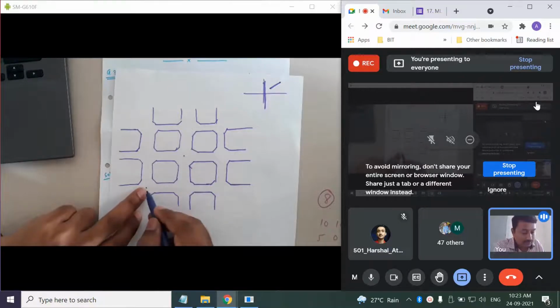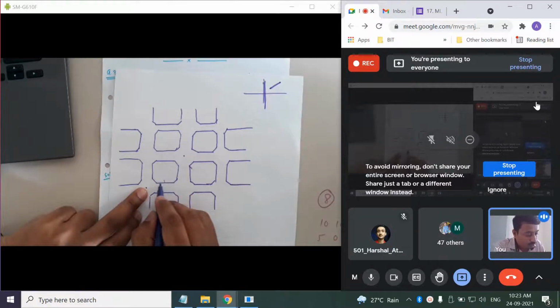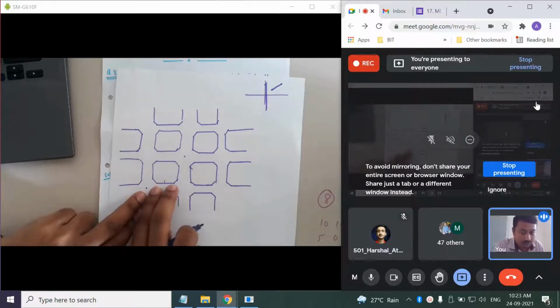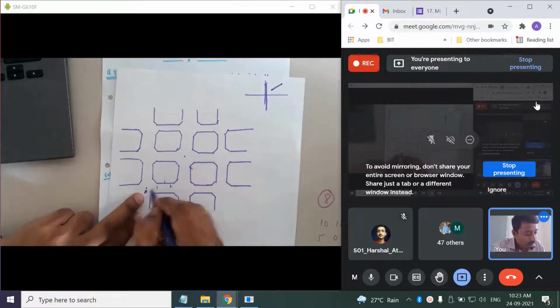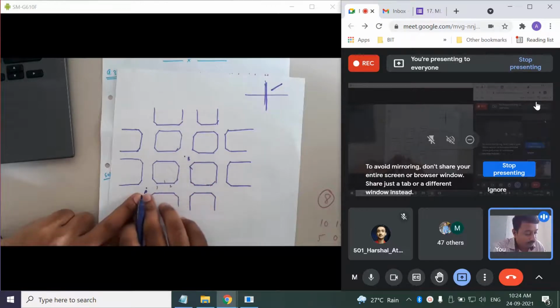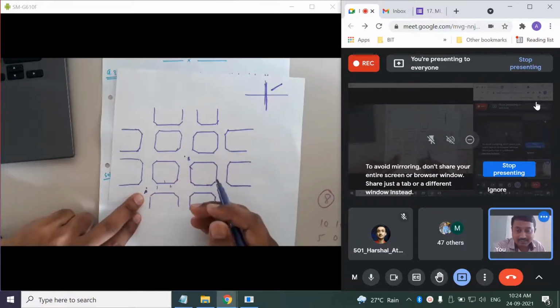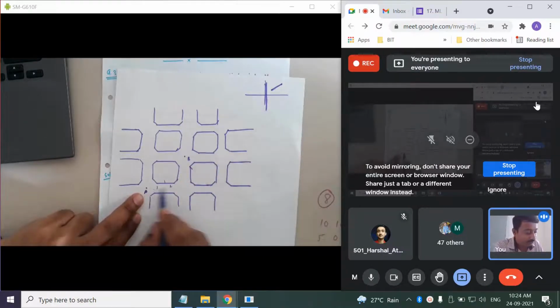If each block is 2 units wide, can I say B is 4 blocks away from A? 1, 2, 3, 4.